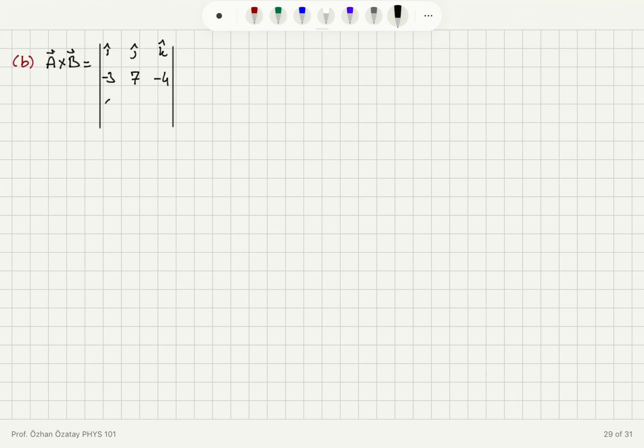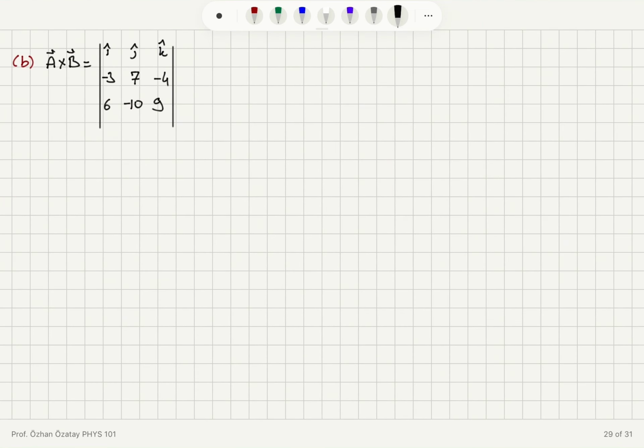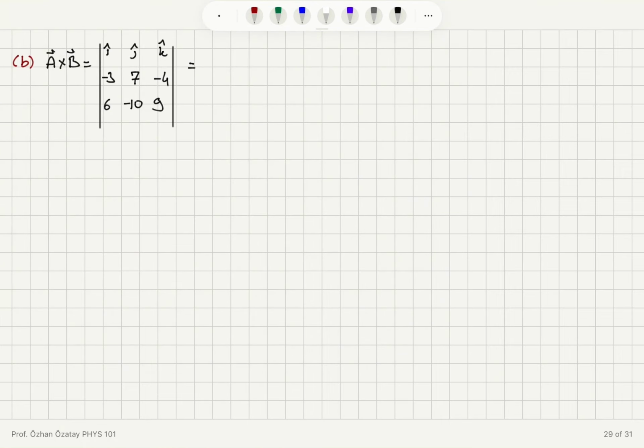Then I have 6, minus 10, and 9 for the components of vector B: 6 i hat minus 10 j hat plus 9 k hat. So let's start with, again, i hat.